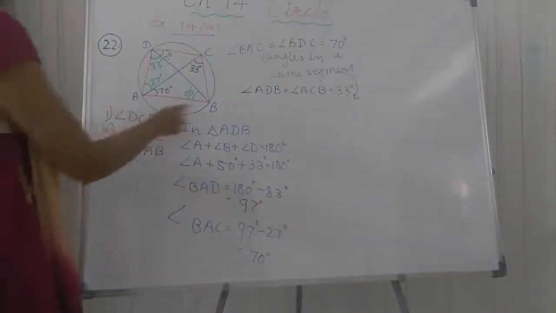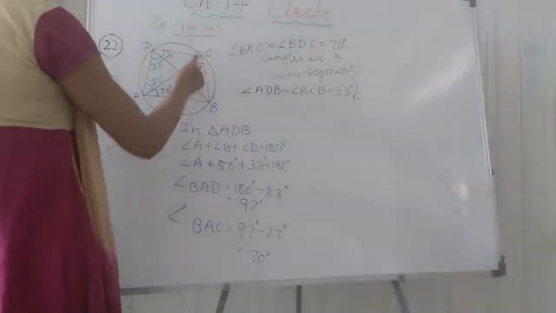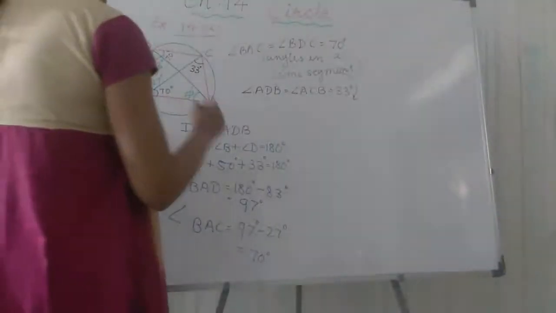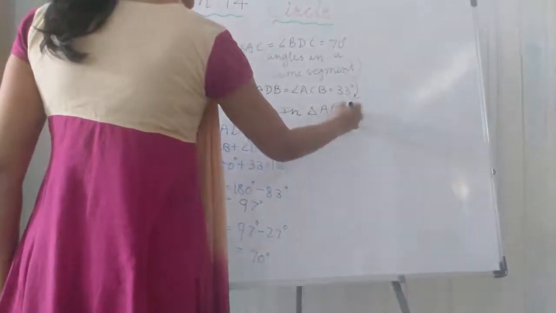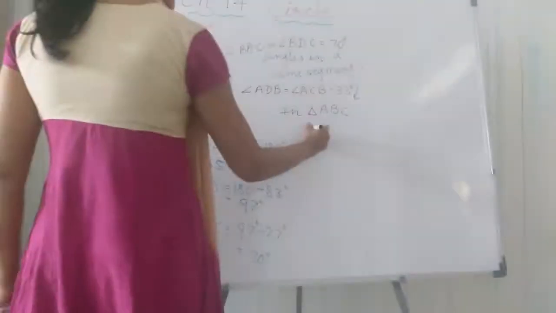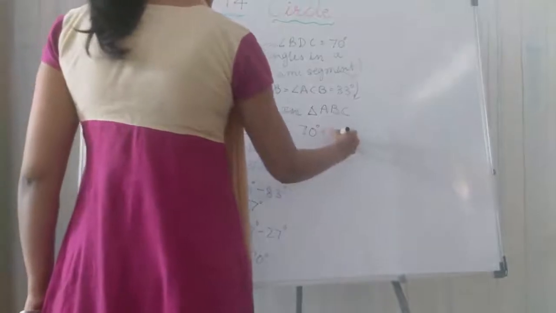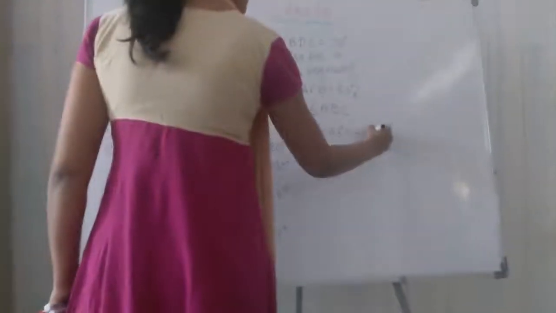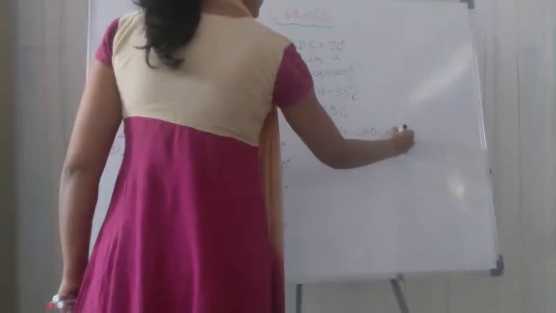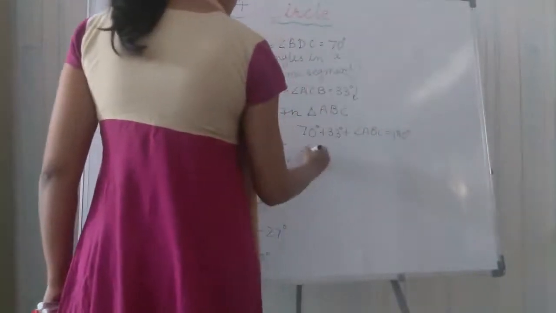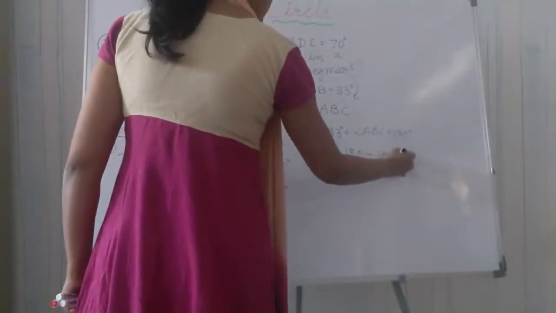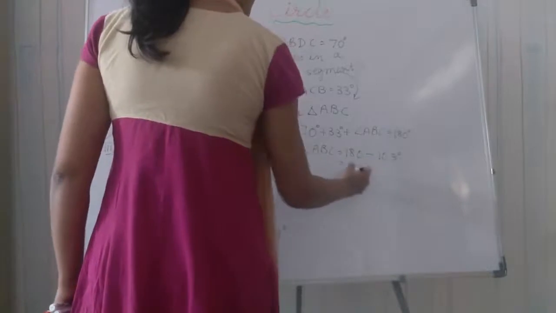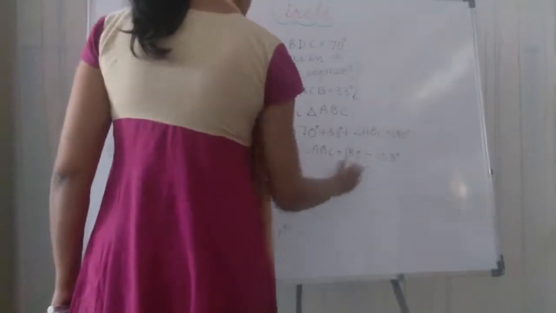Now I want to find this angle ABC. For that you can use angle sum property in triangle ABC. So in triangle ABC, I write 70 degree plus 33 degree plus angle ABC is equal to 180 degree. Directly I am writing, so angle ABC is equal to 180 degree minus 103 degree. So I get 77 degree.